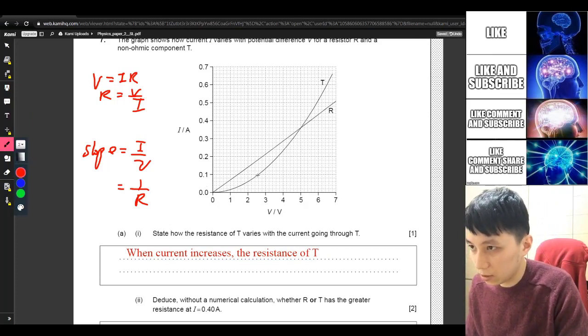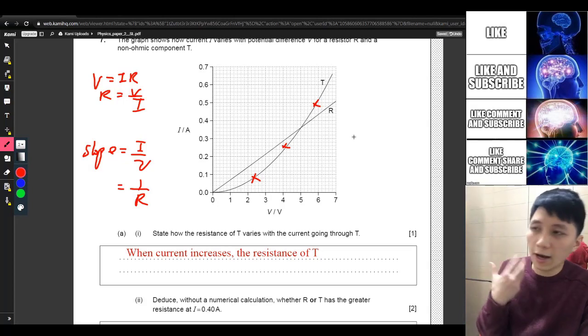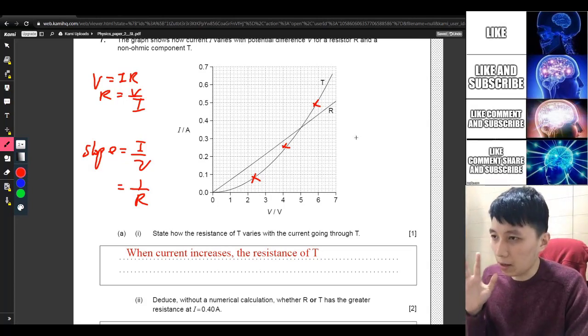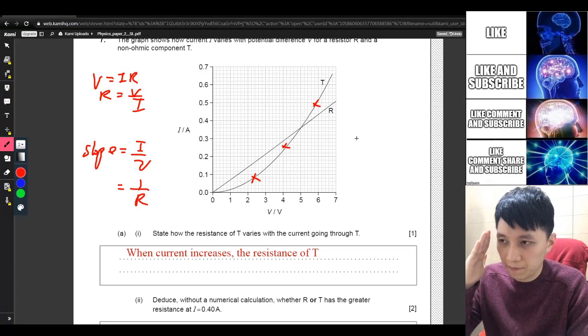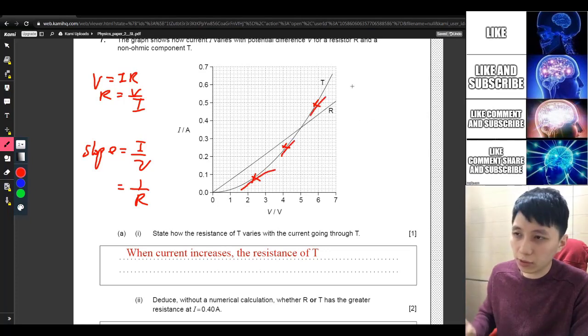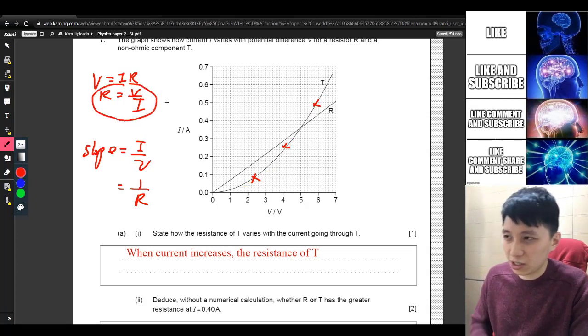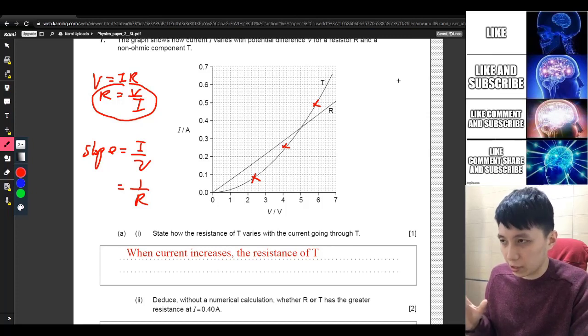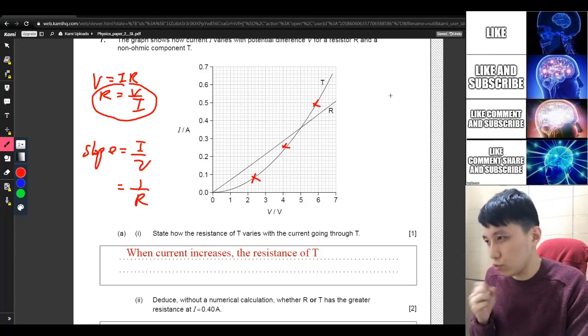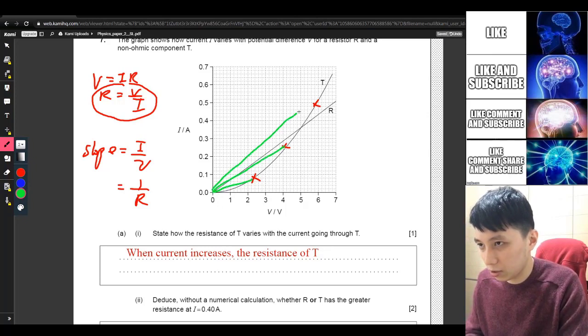So then we should see this point, say this point, and this point. And then if you remember, when I told you, I said don't take the slope of the tangent for circuit. Don't do that, because by definition it's just simply V over I, all right, for resistance. So what you may do to think is you draw a line to the origin, and then you can judge the slope of this.